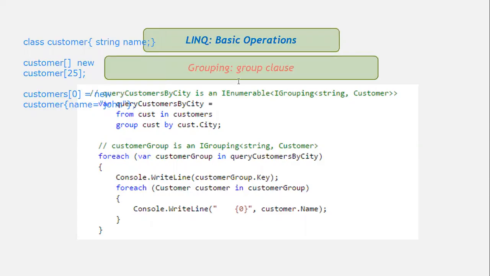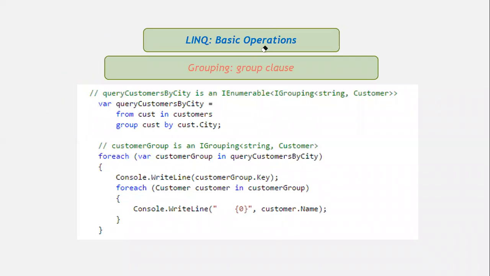City is the key that we are using to create the groups of customers. So all the customers that belong to the same city will be in that group, organized according to the name of the city.